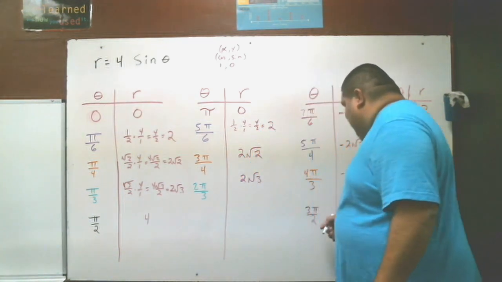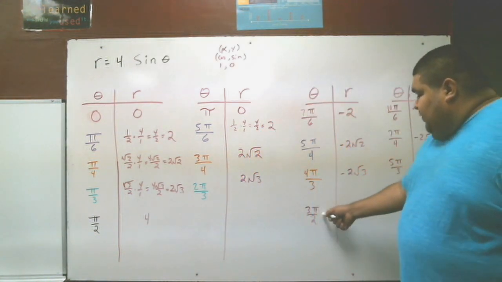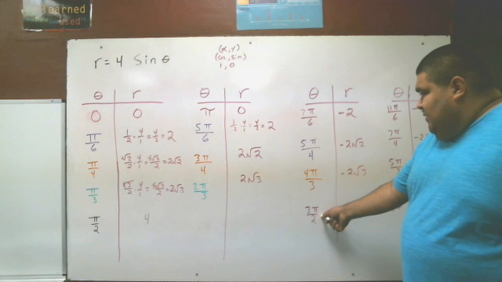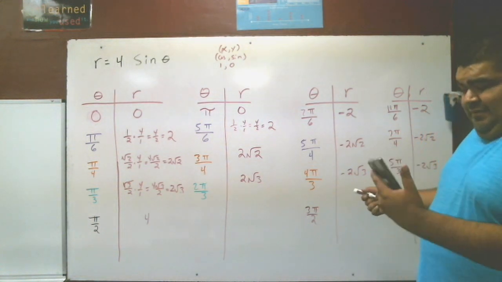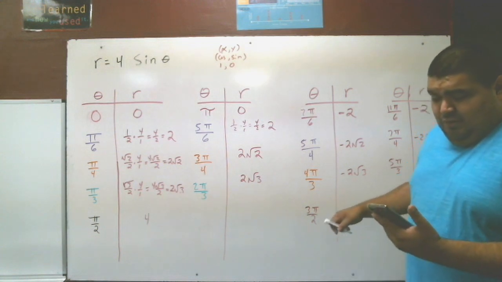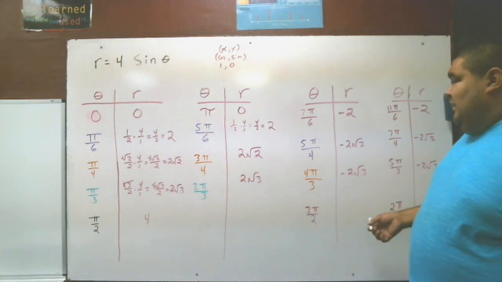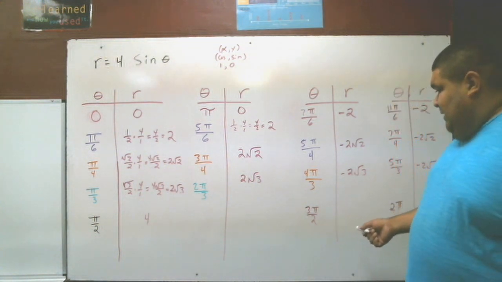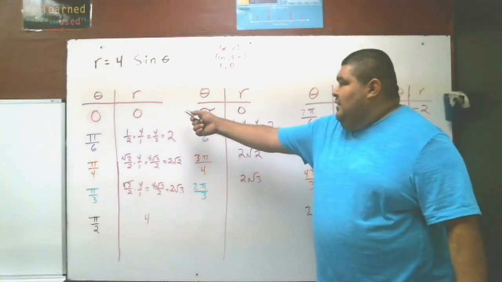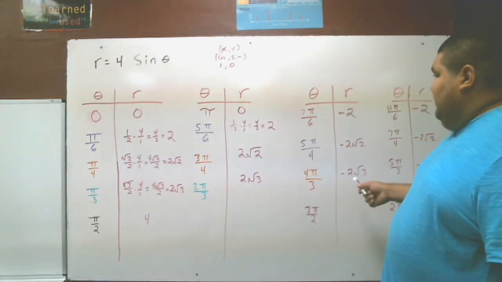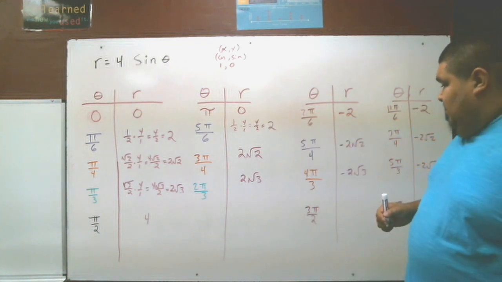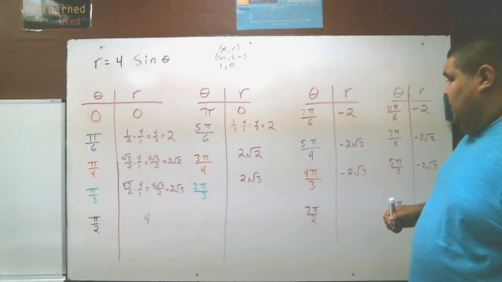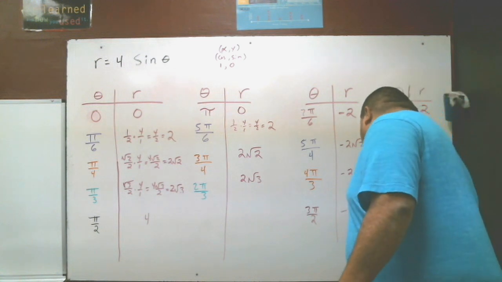And then finally, for the half here, this time, again, we have a negative for 3 pi over 2, which is 0, negative 1. Since we had 0, 0, this time we're dealing with a 1. So negative 1 times 4 is negative 4.